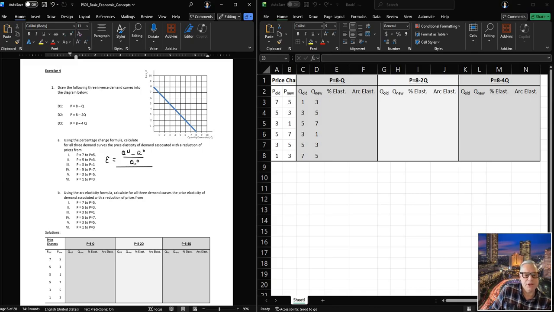And now we do the same thing for the price. Price new minus price old over the old price. That will give us the percentage change formula.